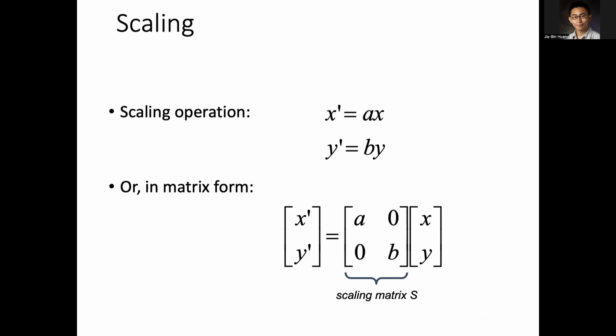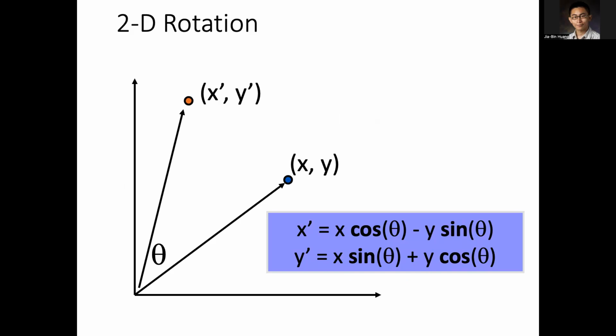How about rotation? If I have x, y and rotate around the origin by theta, I get x prime, y prime. The transformation here is a little more complex. x prime equals x times cosine theta minus y times sine theta, and y prime equals x times sine theta plus y times cosine theta.